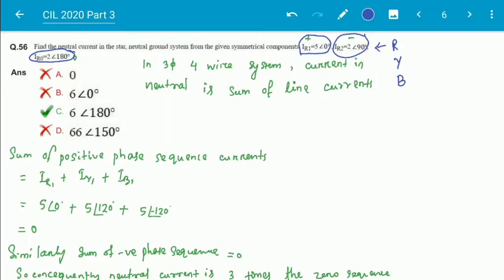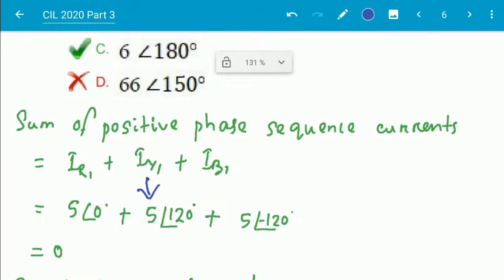The neutral current is the sum of currents flowing in R, Y and B. Hence we have to find out all these and add them. The sum of positive sequence currents is IR1 plus IY1 plus IB1, which is 5 angle 0, and if R is 5 angle 0, then IY1 will be 5 angle 120, since 120 will be added in the next phase, and this will be 5 angle minus 120 or 5 angle 240.